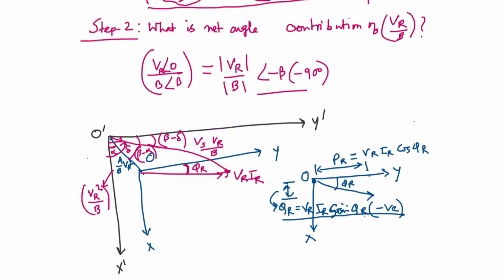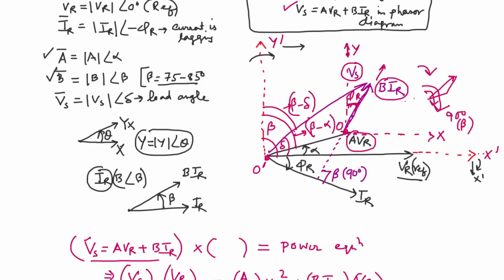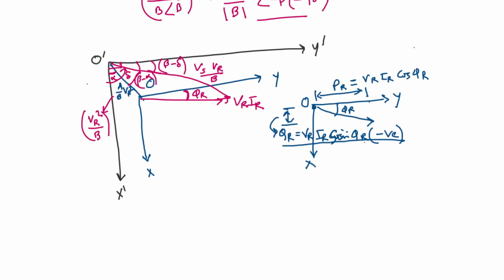For inductive load, QR should always be positive. That is the only problem with this diagram. For capacitive load, we may get QR as negative, so it can generate a leading VAR.